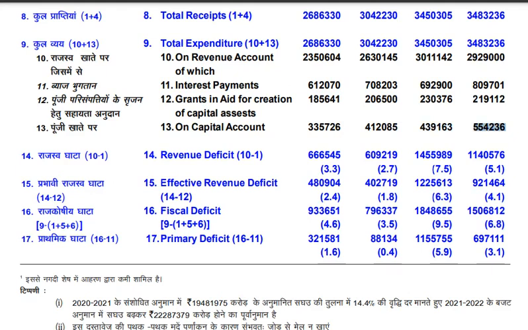So the government is constantly trying to increase funding for capital expenditure. Capital expenditure is nothing but creation of roads, maybe dam building at various locations. So any expenditure which can create growth opportunity, for example in agriculture.